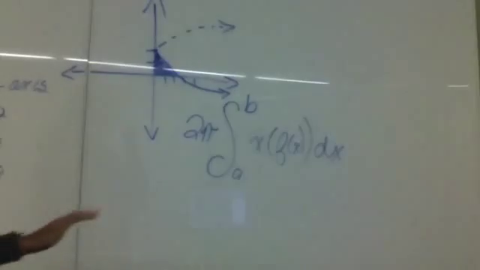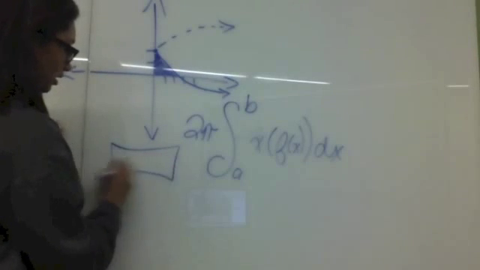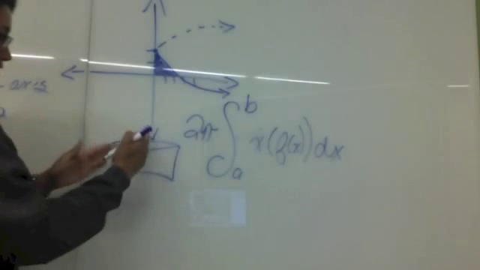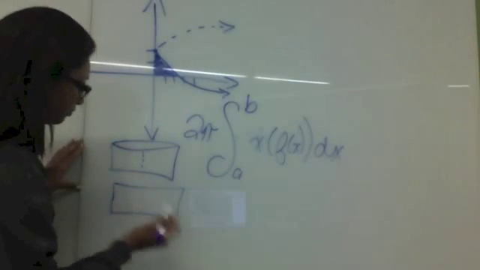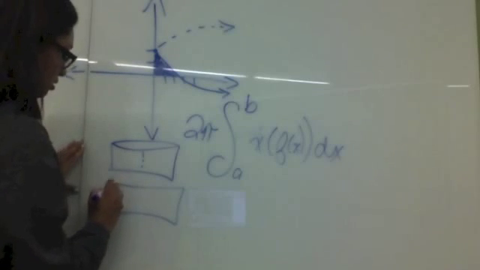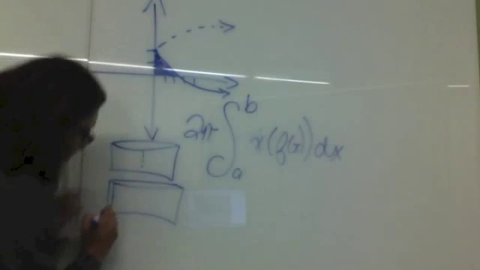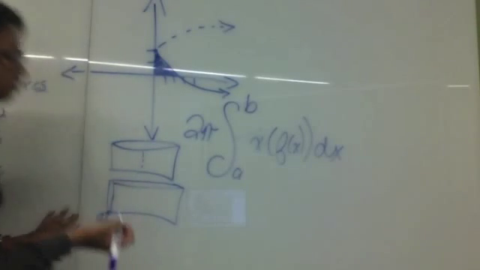And that's saying, if we had a shell and we cut it here and opened it up and made it a rectangle that was 3-dimensional, your dx is this change right here, your change in width.